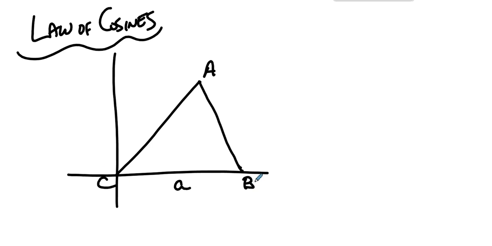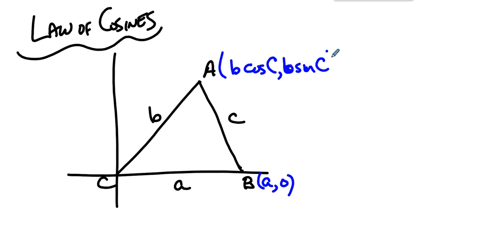So we will perform whatever isometry is necessary so that the triangle lives in quadrant 1 with its longest side on the positive x-axis. So the coordinates of point B are a, comma 0. And the coordinates of point A are b times the cosine of C and b times the sine of C, because this is length b, and that's a rotation by C degrees.